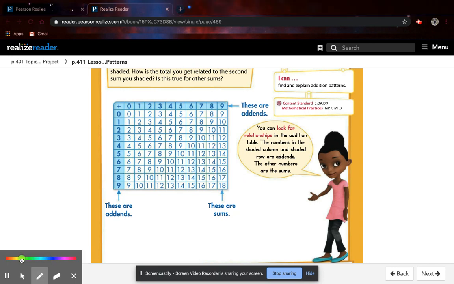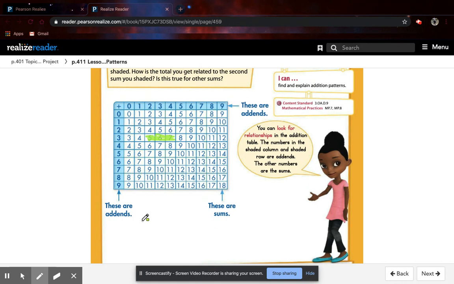So I'm going to go lighter number. I'm going to shade in the 5, the 6, and the 7 right here. I could have picked any three numbers next to each other. I just chose these, the 5, the 6, and the 7.